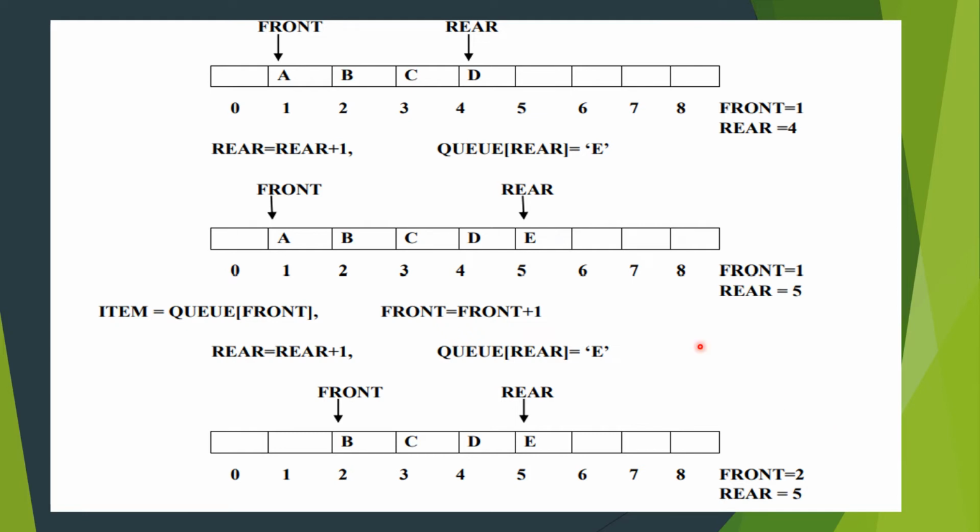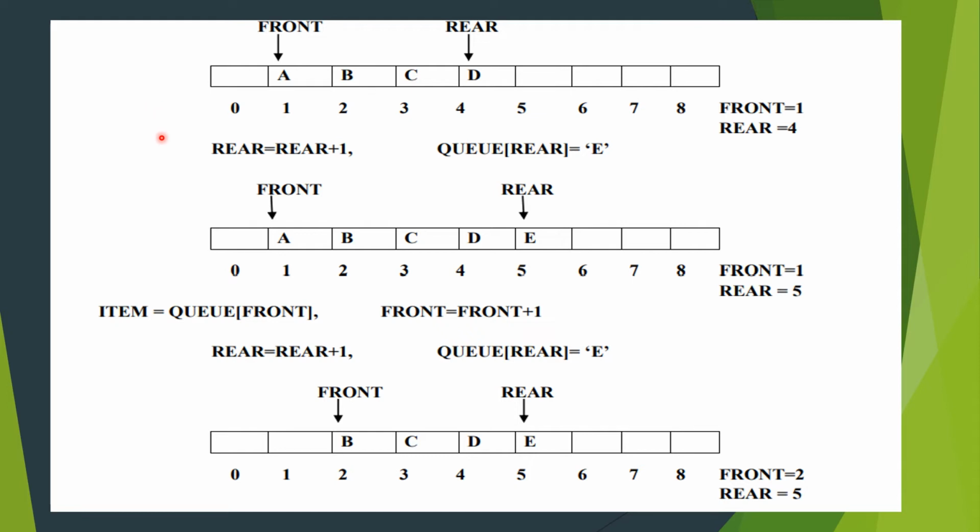In the first representation, there are 4 elements in the array: A, B, C and D. The front position is at 1 and the rear position is at 4.